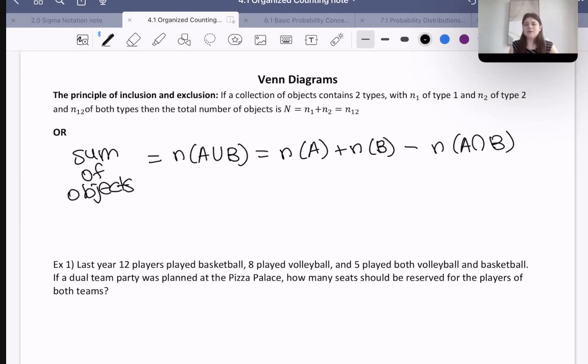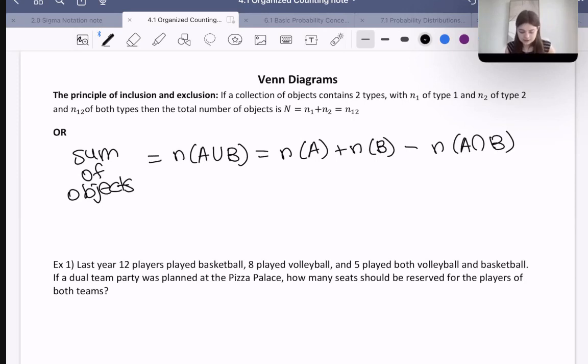And so maybe there's 20 people who like pizza and 20 who like tacos, but I only surveyed 30 people total, not 40. So how is that possible? Well, perhaps some of the people said yes to liking pizza and tacos, but got double counted. So we have to subtract off the number of people who liked both pizza and tacos to make it work. Okay, so that's very important there.